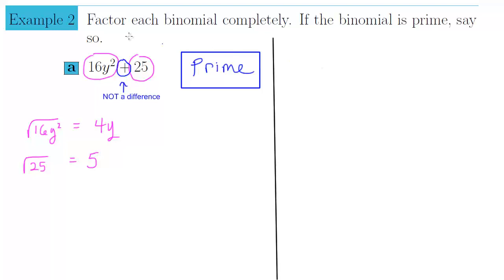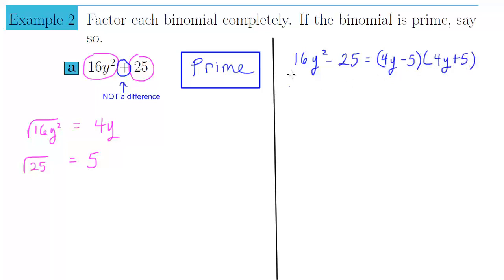Okay, but sometimes students think that you can factor this by changing the signs in the difference of squares formula. Okay, so for example, 16y squared minus 25, we know by the difference of squares formula is equal to 4y minus 5 times 4y plus 5.